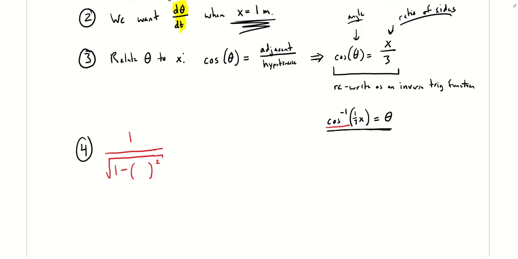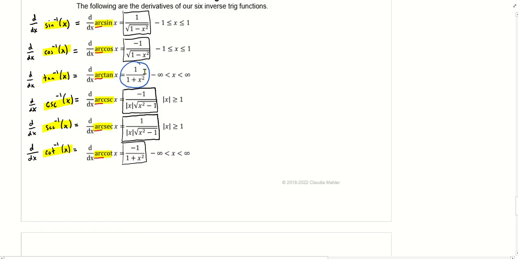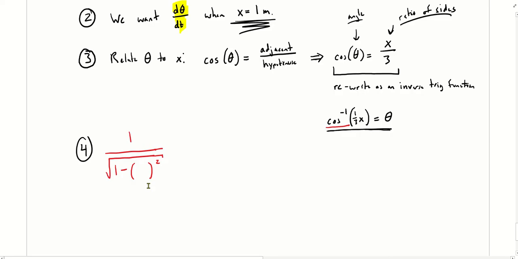So that's the structure of the derivative of the inverse cosine function. But my something is not x, it's 1/3 x. So I'm going to leave that as my argument here. And by using the chain rule, I have to multiply this by the derivative of the inner function. The inner function is the 1/3 x. Derivative of 1/3 x is 1/3.